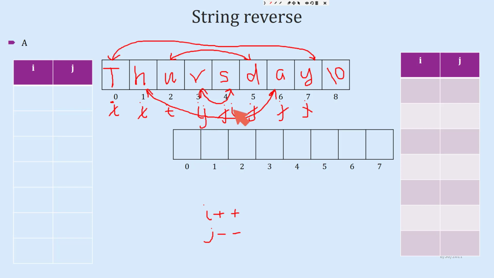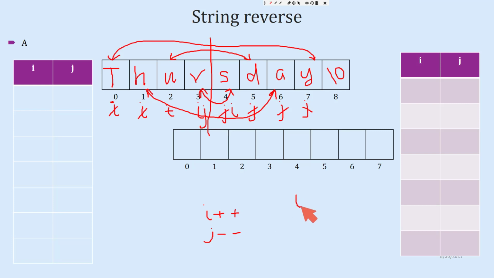When J crosses I, or I crosses J, there is no need to exchange the characters. So until I is 3, we continue to swap. Until J is 4, we continue to swap. Now I becomes 3 and J becomes 4.